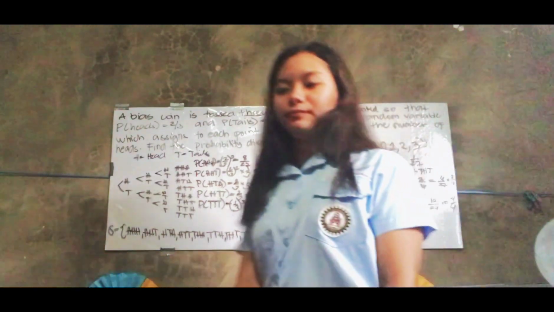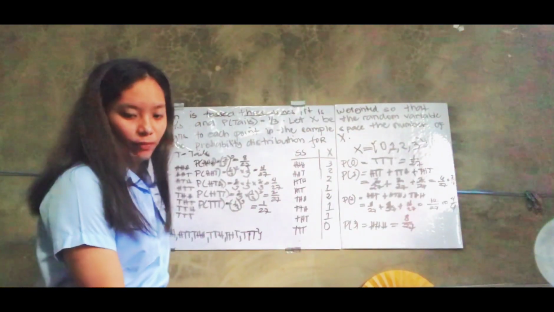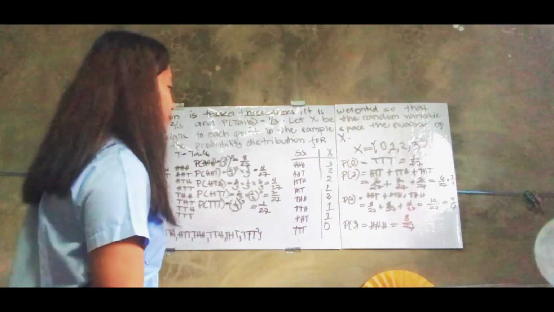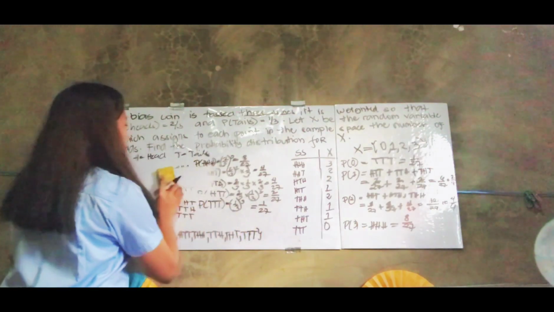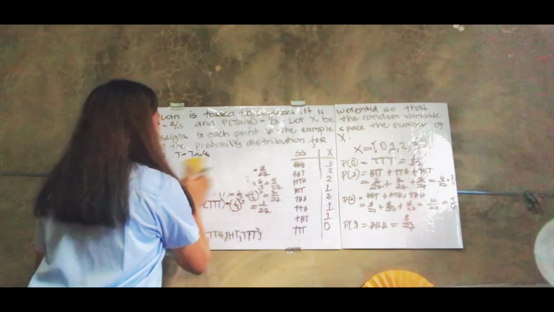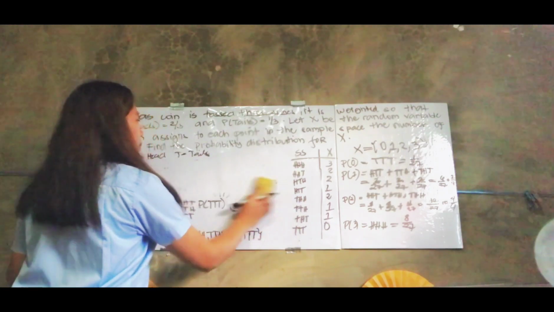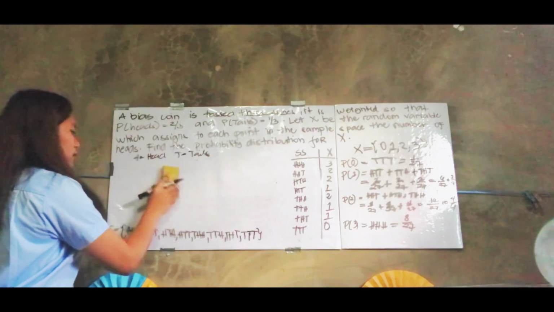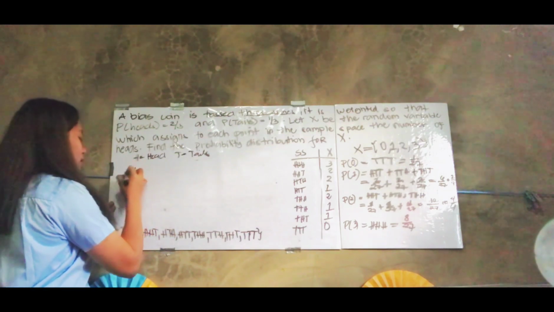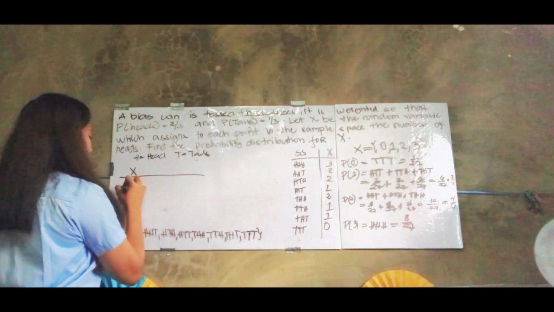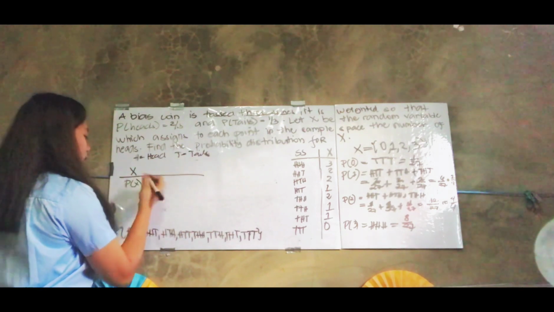Now, let's erase this to get the probability distribution of x. Let's put it in a table. We have x here, and this is p of x.